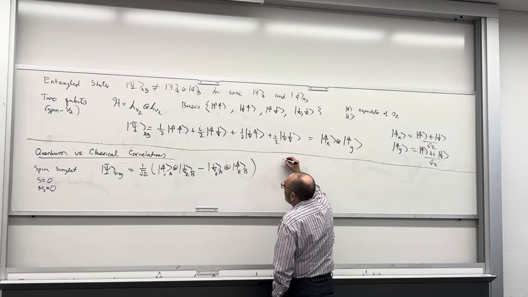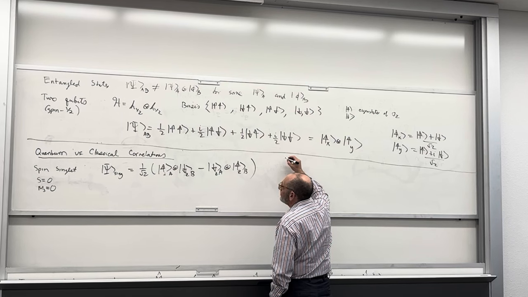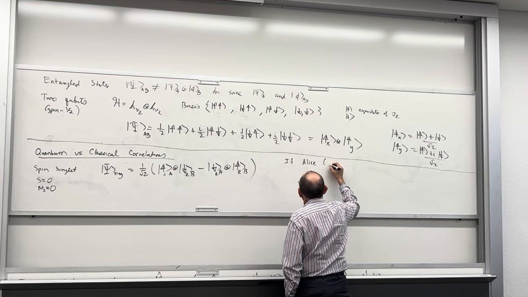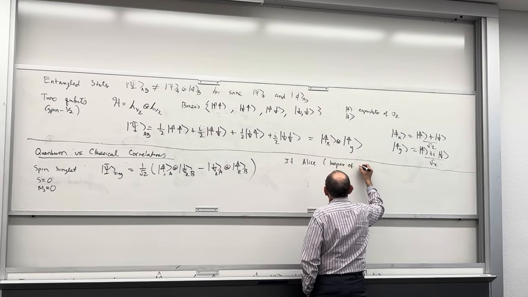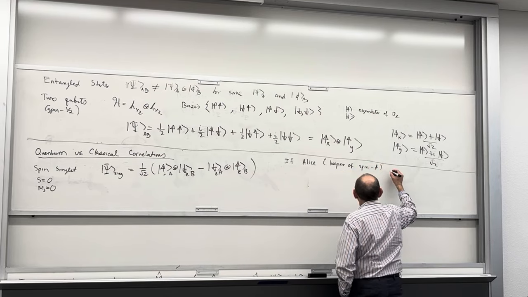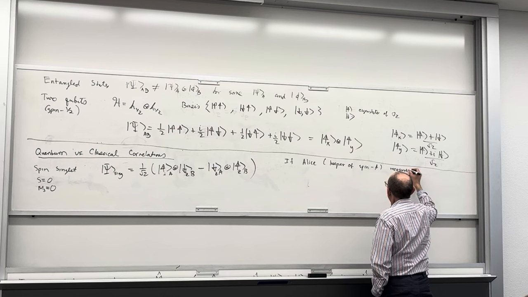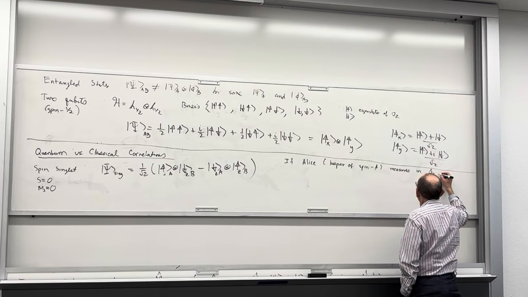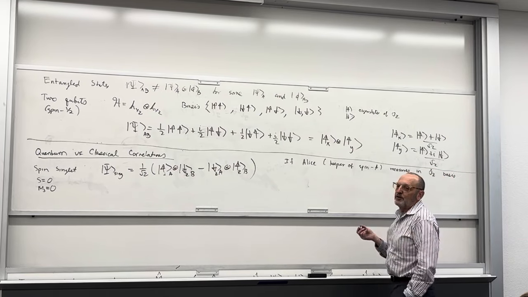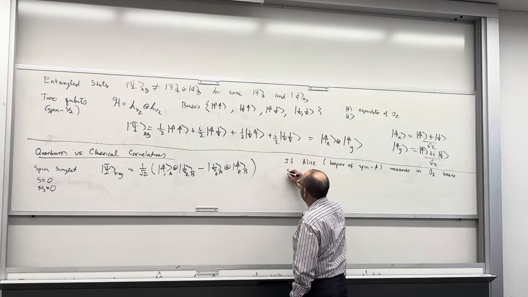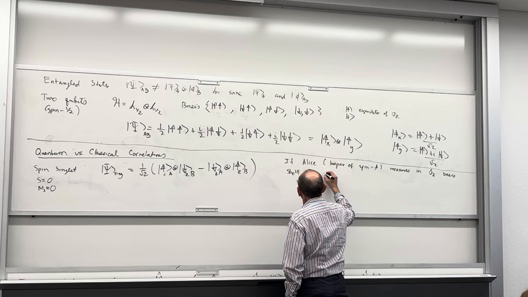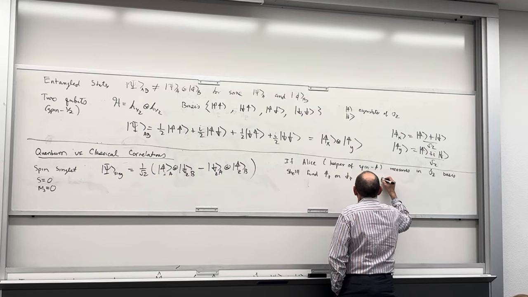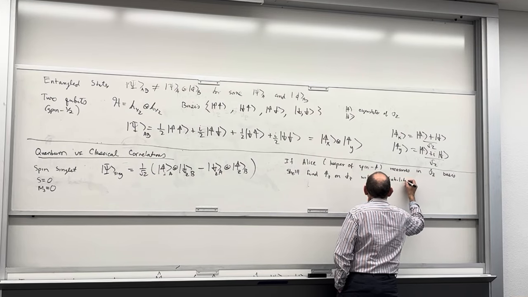So we know that if Alice, the keeper of spin A, measures in the sigma z basis, she'll find up or down with probability 1/2.